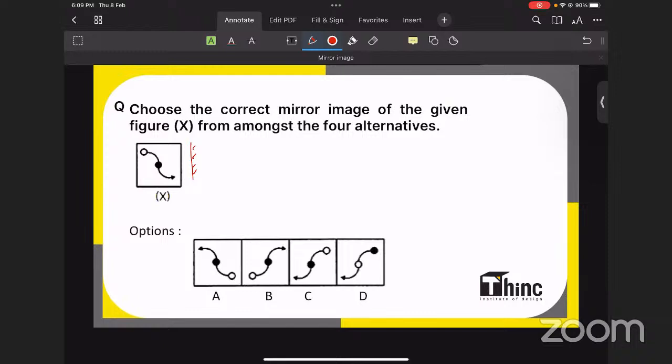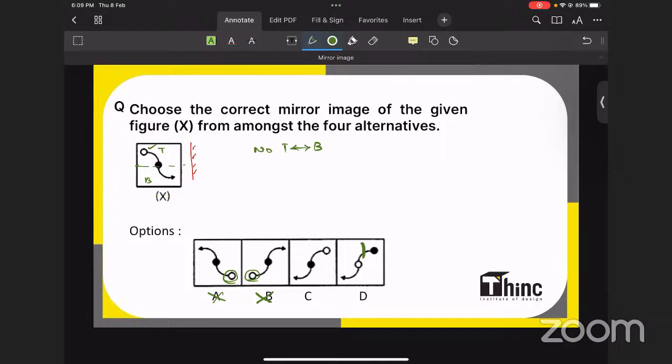In this particular one, I'm using a technique called top to bottom. We know that there are no top to bottom changes. So this ball will not come to the bottom like option A or option B, because it will always remain at the top, as no top to bottom changes are permissible.